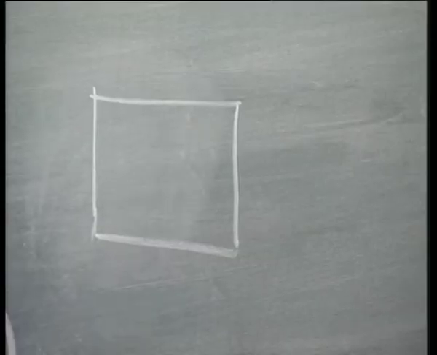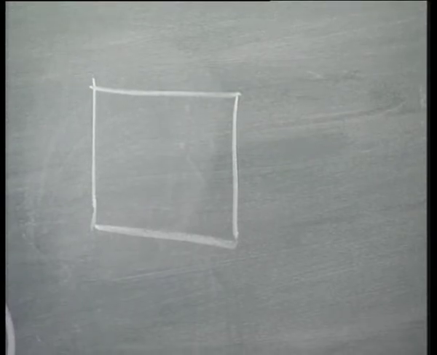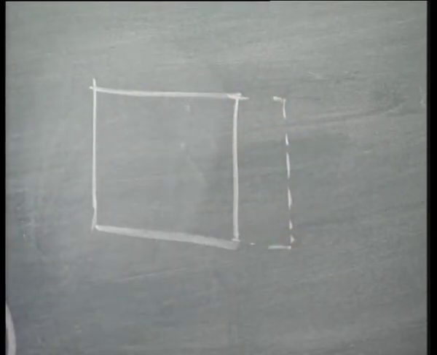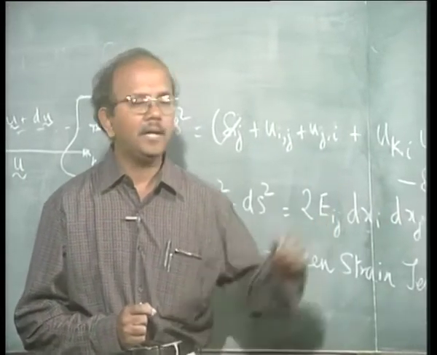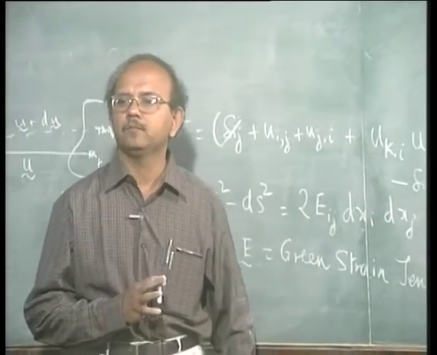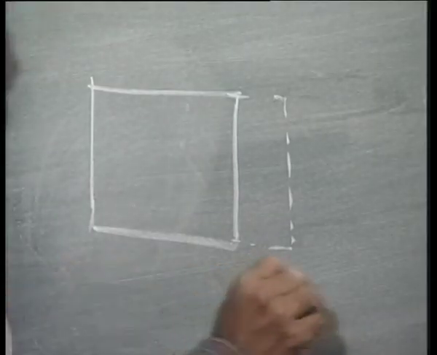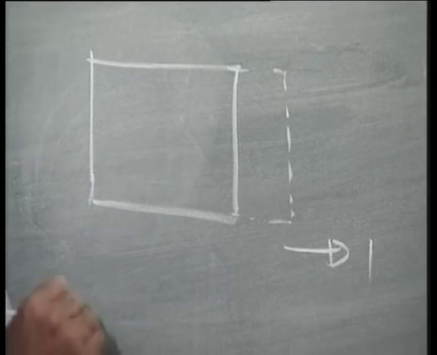Now, let me say that the square becomes like this, where the change is say delta u1. Now, I am interested in say epsilon 1 1, because I have elongated the square in the 1 direction. Is that clear? Now, what is epsilon 1 1 from this?